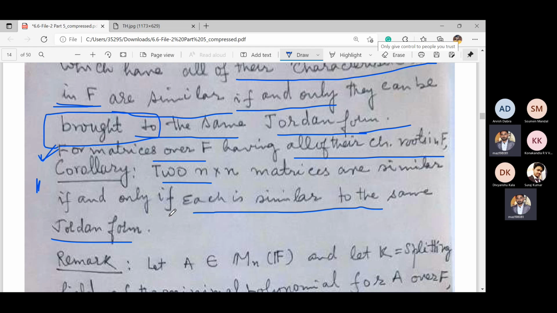We can represent a linear operator in the form of n cross n matrices. So the same thing applies: two given matrices are similar if and only if they have the same Jordan form. We can find the Jordan form of a linear transformation and of a given matrix also. So these are the equivalent conditions in terms of linear transformations and in terms of matrices. Any two linear transformations or any two matrices are similar if and only if they have the same Jordan form.